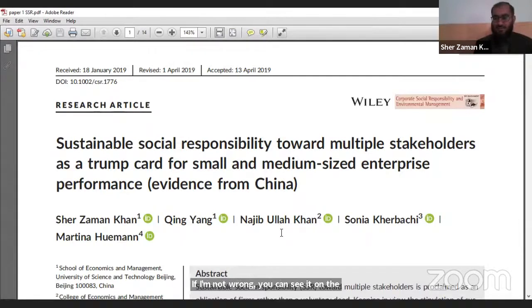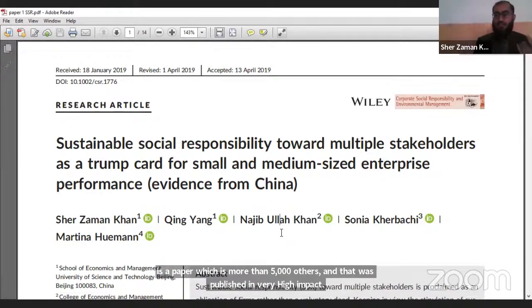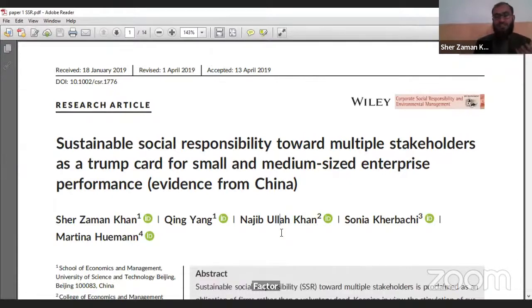It was published in a very high impact factor, highly reputed journal because of the innovation and the worth of the paper. But that worth was brought to the paper by the contribution of the maximum number of researchers and groups.